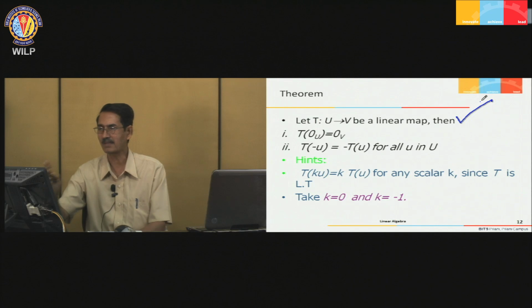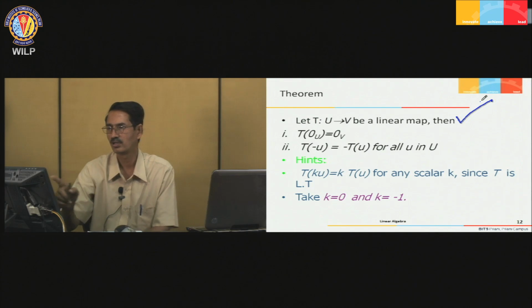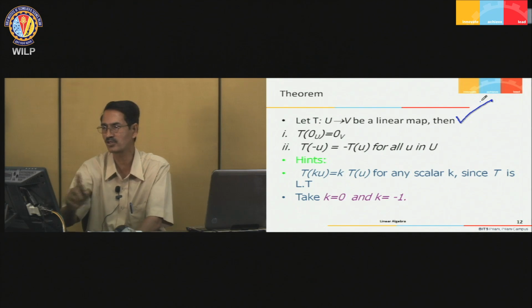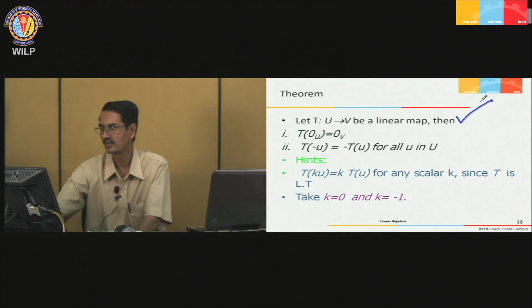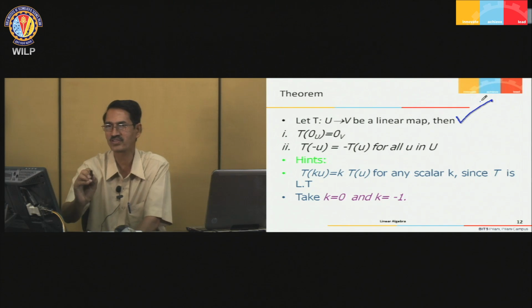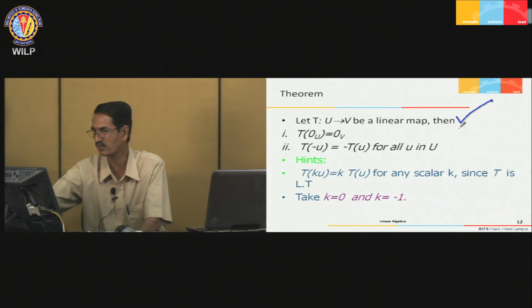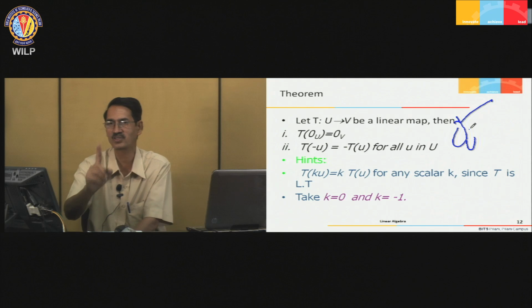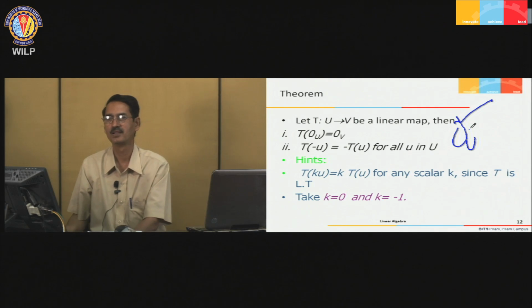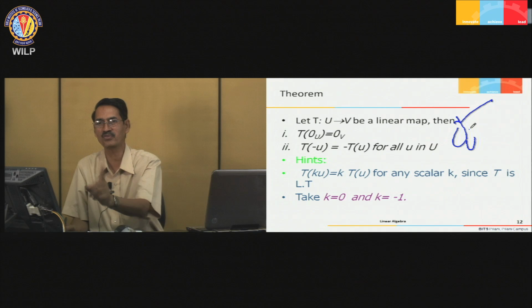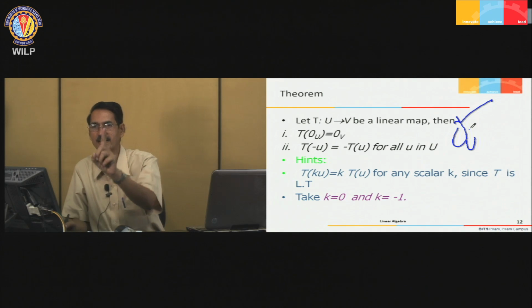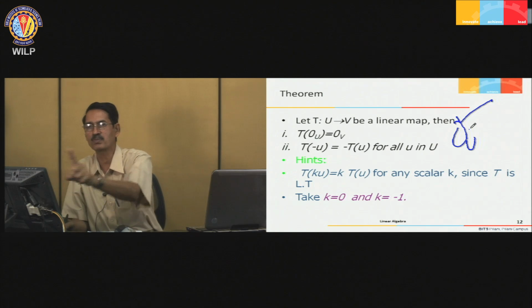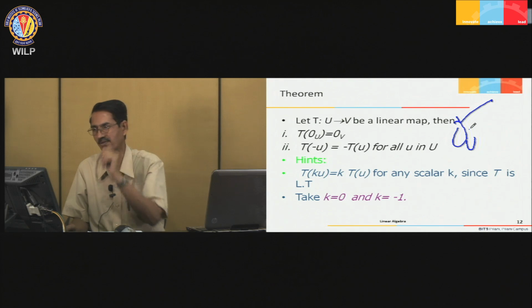But remember, here I am writing 0 with lower suffix U and 0 with lower suffix V. 0_U means it is the zero element of the vector space U, 0_V means it is the zero element of the vector space V. So both are 0, but both zeros are different, one is coming from the set U and the other is coming from the set V, that is the basic difference.